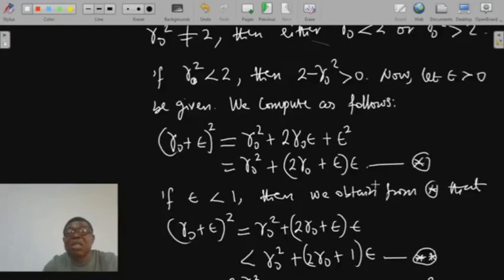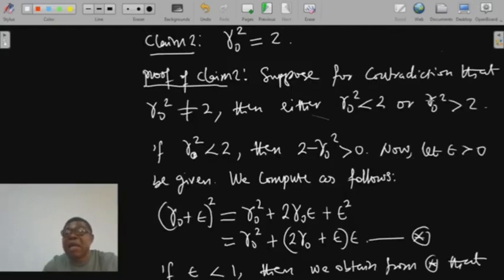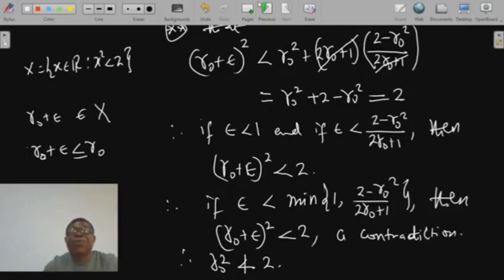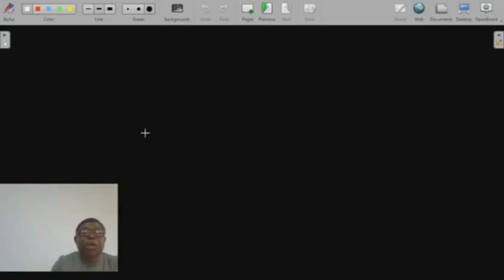Now let us see what will happen if we assume that gamma naught squared is bigger than 2. Now, if gamma naught squared is bigger than 2, let us see what happens.